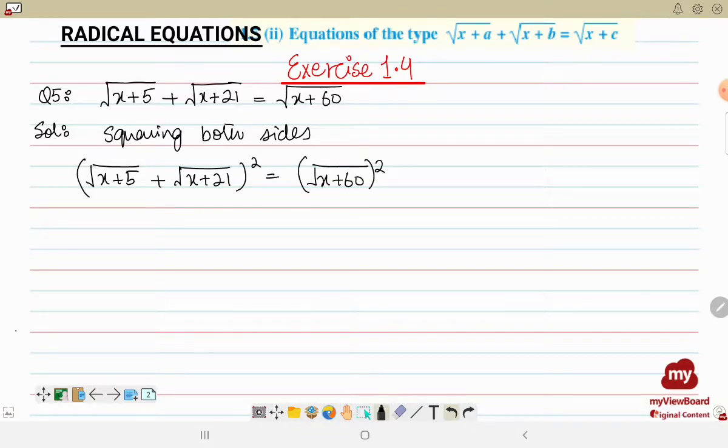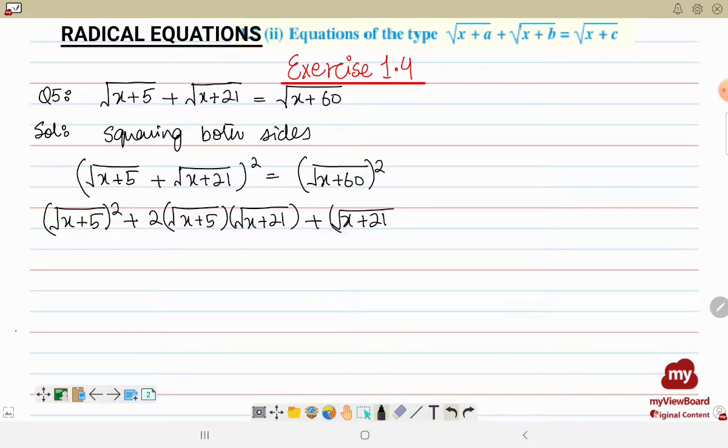On the left hand side, we have the first algebraic identity, which is (a plus b) whole square. So the square of the first term, then 2ab, and then the square of the second term, which is b square. So x plus 21 square root of x plus 21 whole square. And on the right hand side, the square will get cancelled by the 2, so we are left with x plus 60.